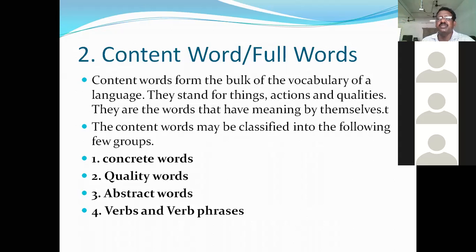We can touch and feel them. Apple: we can touch it. Chair: we can touch the chair, move it, and hold it. We can hold the water bottle. This is a concrete word.